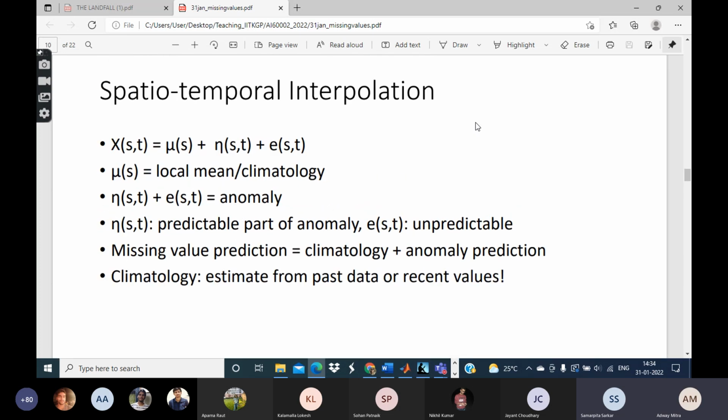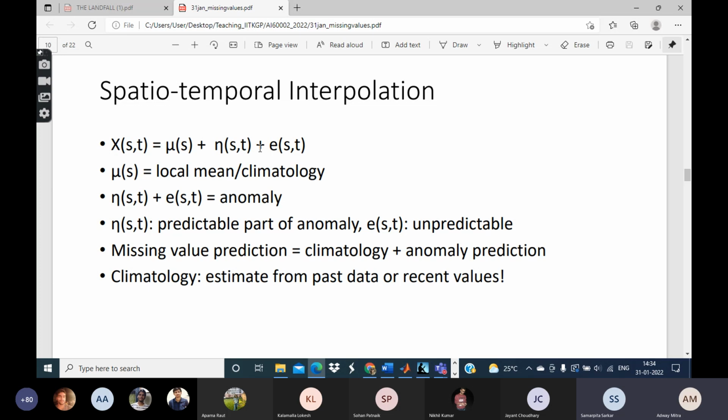Now, let us say X(s,t) is the observation at any location s and time t. This can be decomposed in the following way. One is mu(s), the climatology or local mean at the given location s, plus eta(s,t) plus epsilon(s,t). Now, what is eta(s,t)?